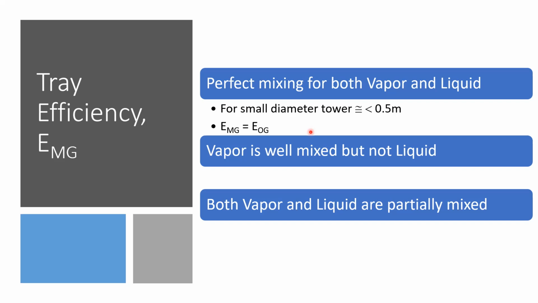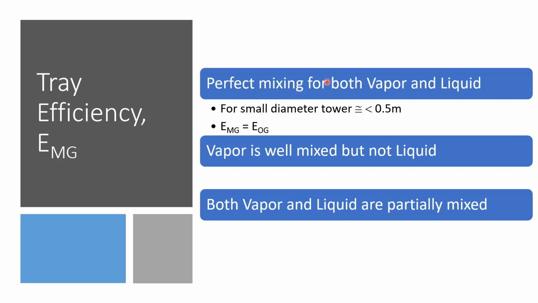Now we have to keep in mind, if you remember, that if we have a tower diameter less than 0.5 meter, or actually even less than 0.6 meter, in this case we are not supposed to use a tray tower column. We're supposed to use a packed bed column. So generally speaking, such a scenario where we have perfect mixing of both vapor and liquid phase is basically impossible.